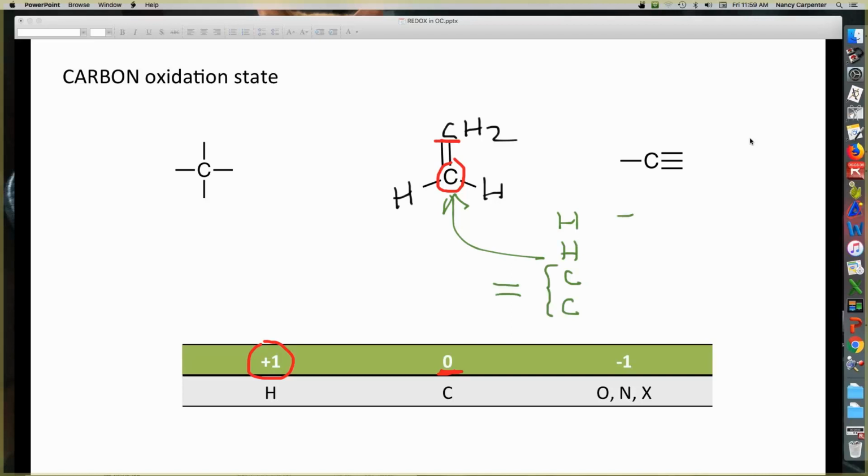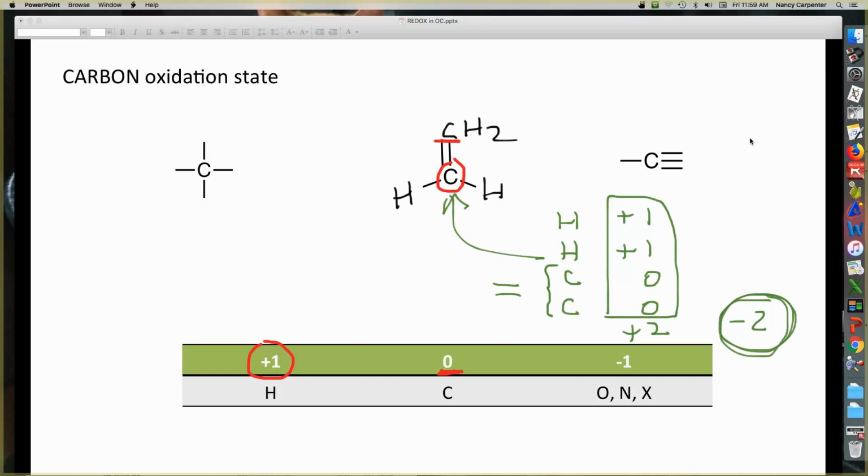Well, hydrogen is +1, +1, 0, 0. So the charge total on the things that are attached to that carbon is +2. Well, I know the darn thing is negative, so the oxidation state of that circled carbon is -2.